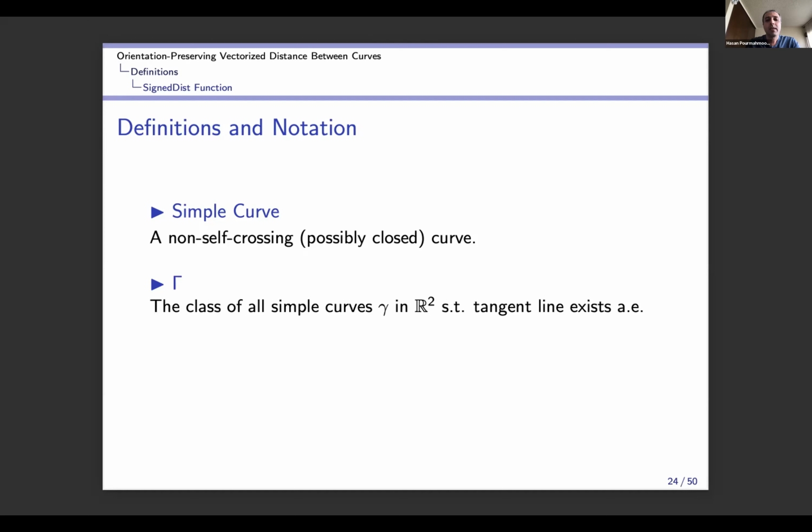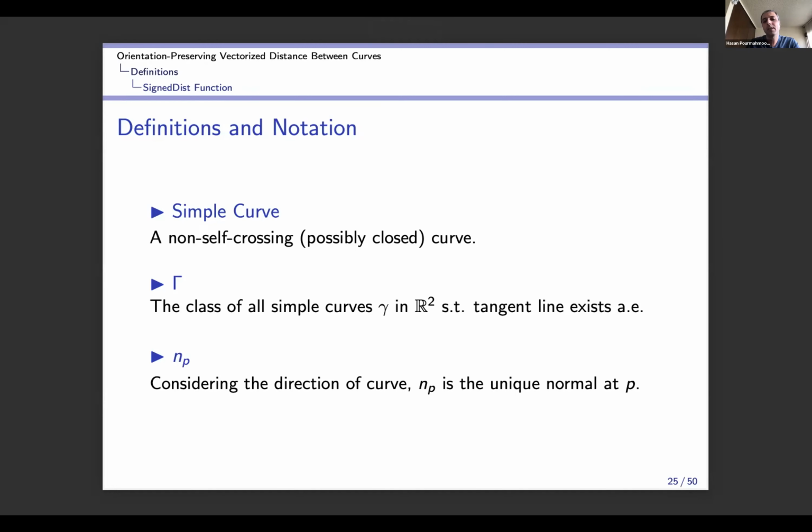And by capital Gamma, we denote the class of simple curves that are almost everywhere differentiable. So the tangent line exists, and so the normal vector can be defined. By n sub p, we denote the unique normal vector at p on the curve gamma, for example.